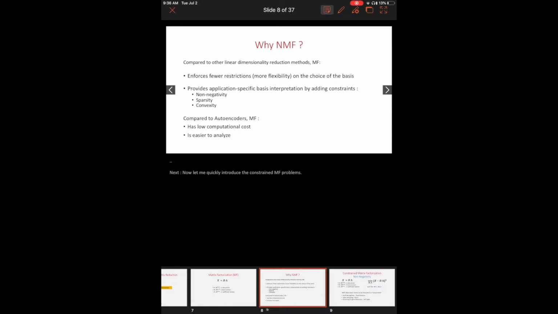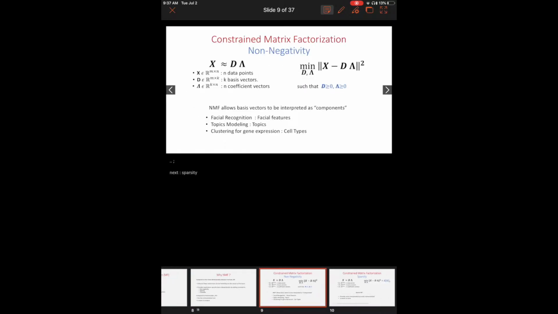So let me quickly introduce the constrained matrix factorization problems, the non-negative, sparse and convex problems that I just specified. For non-negative matrix factorization, we want to approximate the data matrix with its factor form D times lambda, while adding the constraints of non-negativity on the basis vectors and the coefficient vectors.